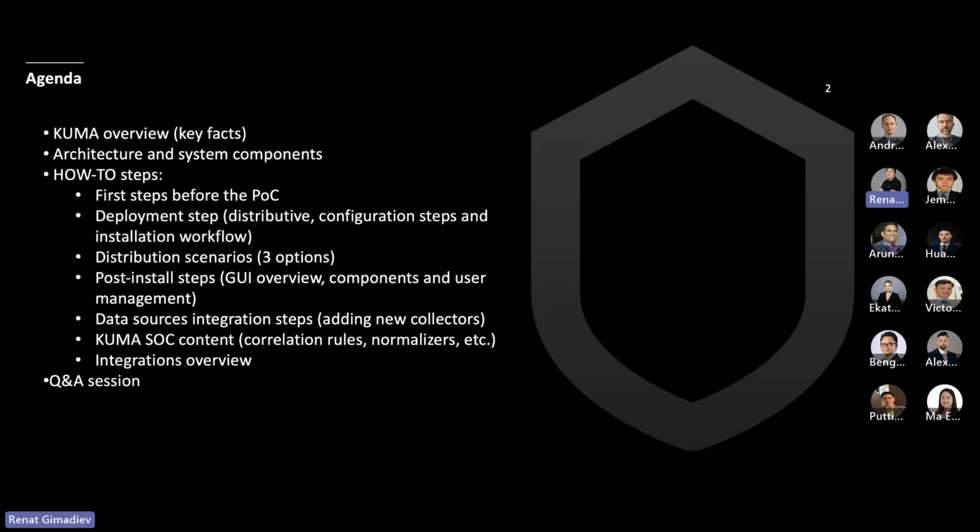We'll go through the how-to steps: how to start the POC with KUMA, how to do the deployment steps, how to use KUMA in different distribution scenarios. What should you do when you are done with the installation?